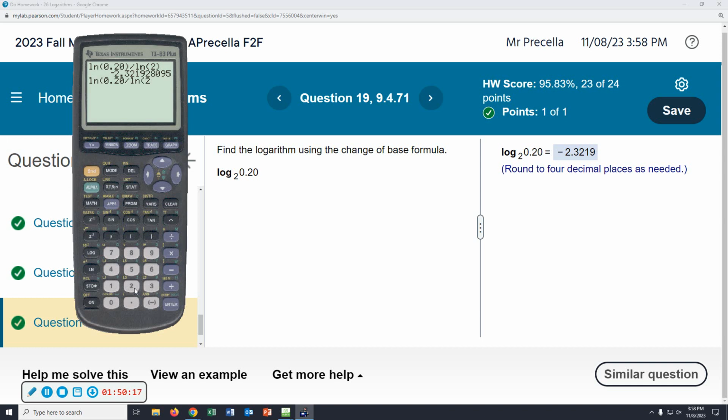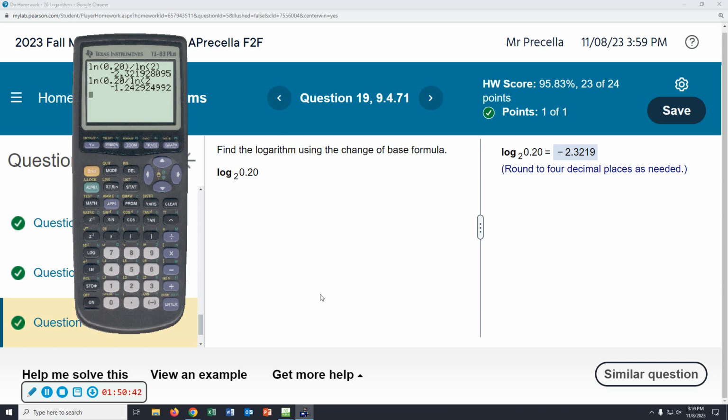If I don't close those parentheses, am I going to get the correct answer? Let's see. Nope. So watch out. This is going to be especially true in the first 3 problems of the next assignment. You've got to make sure you're closing those parentheses if your calculator opens the parentheses.